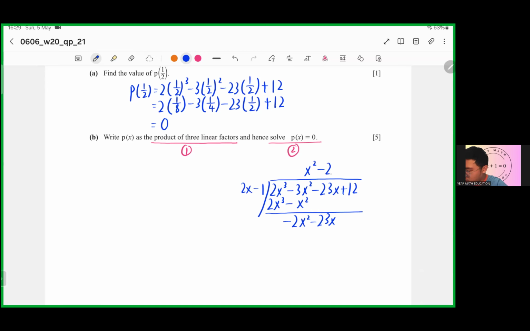Minus x here, negative 2x squared plus x. So we get negative 24x plus 12. So we can write negative 12 here. Negative 24x plus 12 over 0.